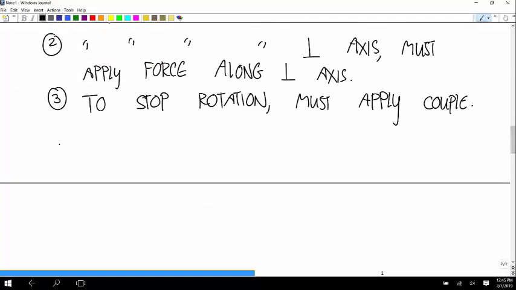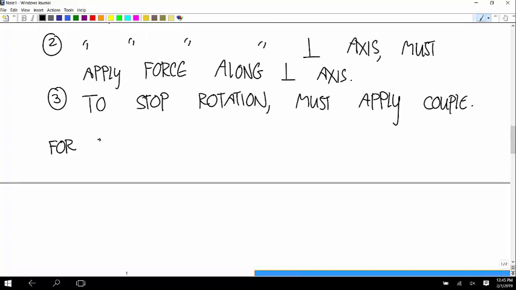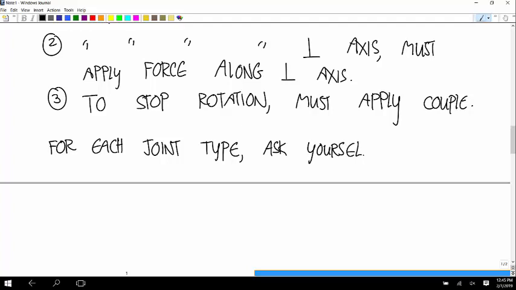And so for each joint that we're going to talk about, I think there's 6 total, for each joint type, ask yourself which degrees of freedom are prevented, restricted.